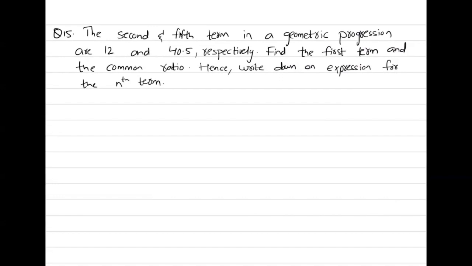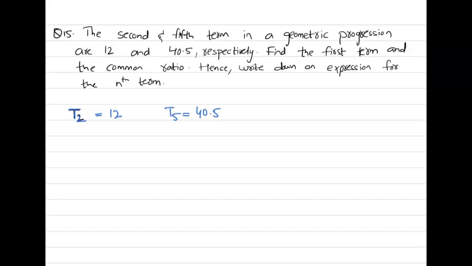The second term T2 is 12 and the fifth term is 40.5 respectively. You need to find the first term and the common ratio.